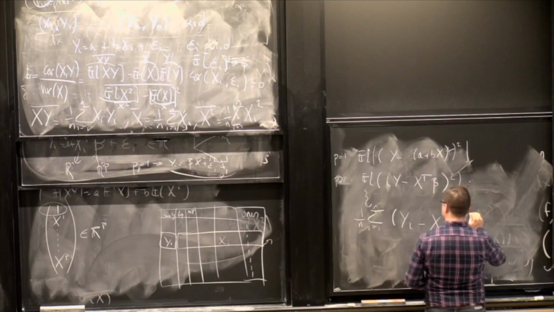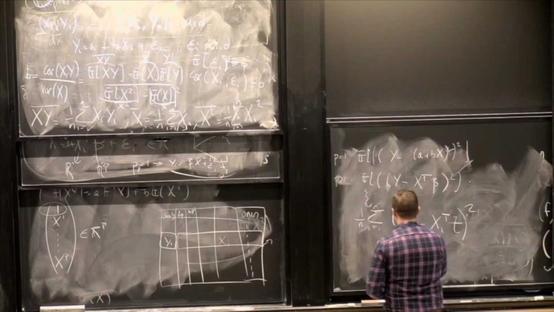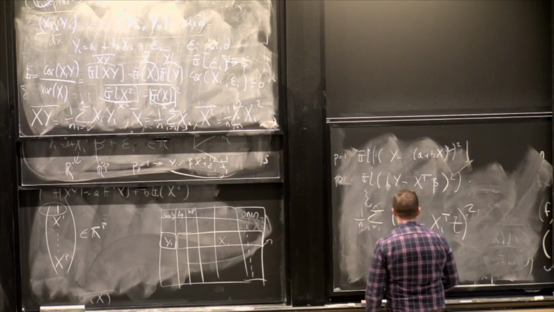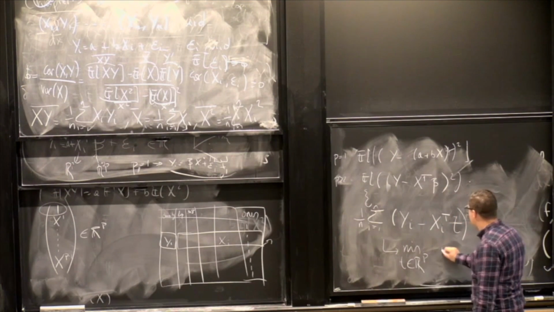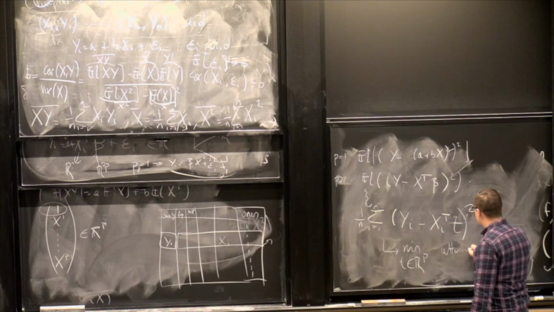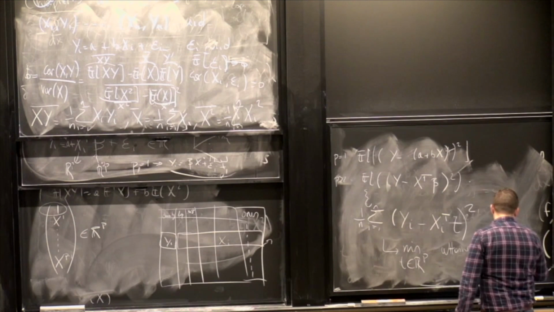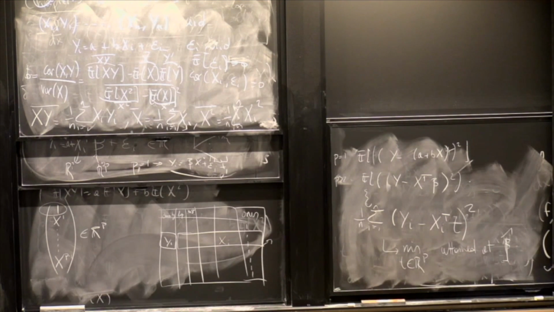I take the square of this thing, and when I minimize this over all t in R^p, the argmin, the minimum, is attained at beta hat, which is my estimator.